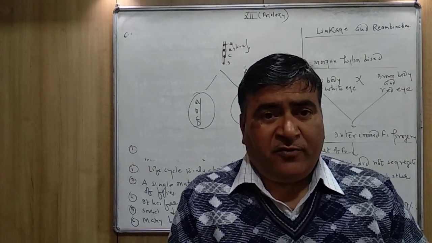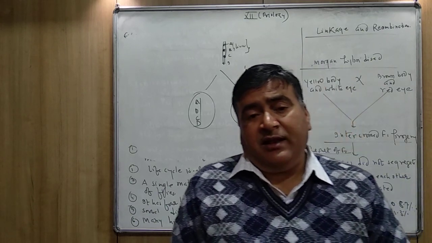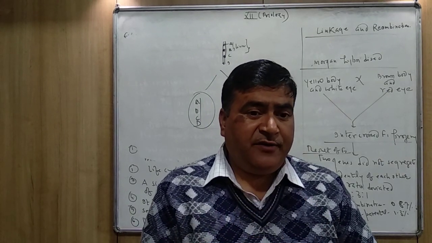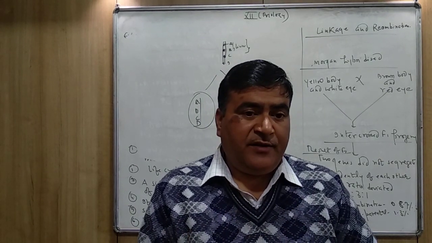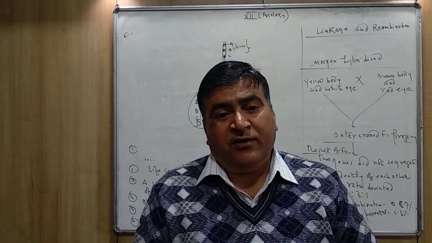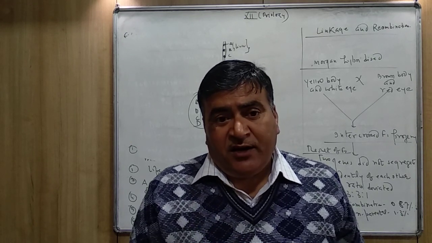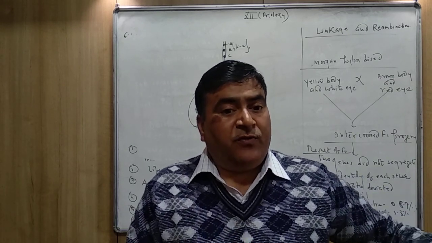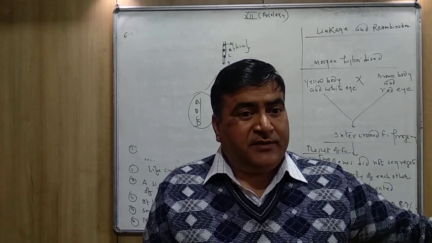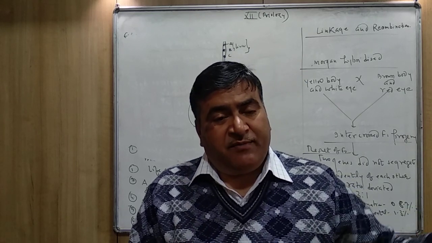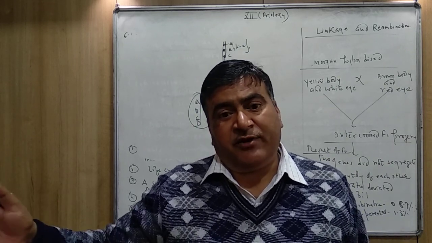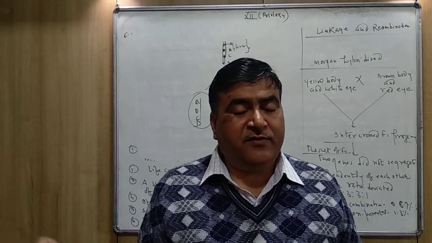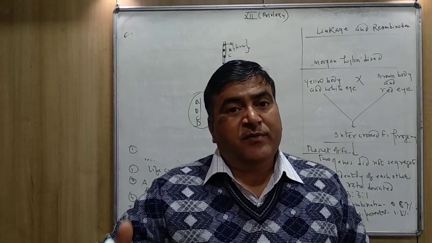Overall, I can explain, linkage is stronger if the genes are located very close, and linkage is weak when the genes are located so far. Suppose a particular gene is located on a particular chromosome and some more genes are located on different chromosomes, the linkage will be very less and the recombination will be more.